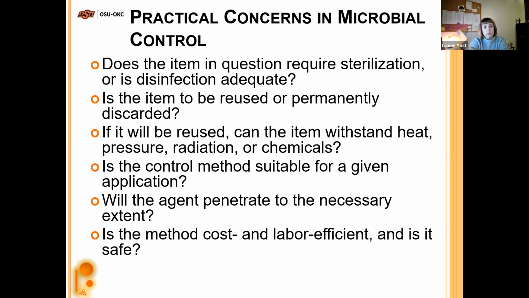If it will be reused, can the item withstand heat, pressure, radiation, or chemicals so that we can go back and sterilize it if we need to? Is the control method suitable for a given application, like use on skin versus, you can't autoclave a person? And then will the agent penetrate to the necessary extent to remove whatever the situation is into the surface?